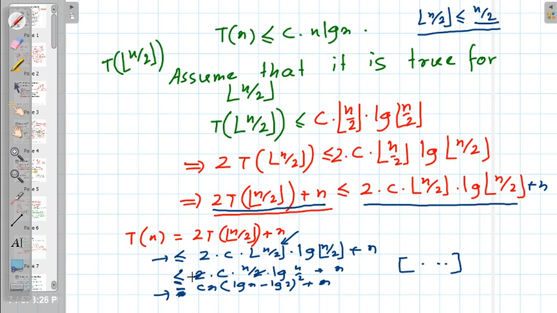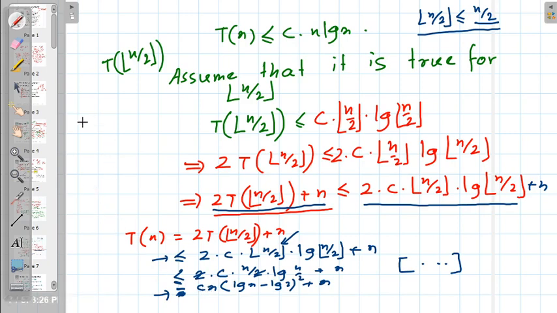From the second to the third line I am only simplifying it. I am not adding or deleting any extra thing. So that's why this is equal to this.